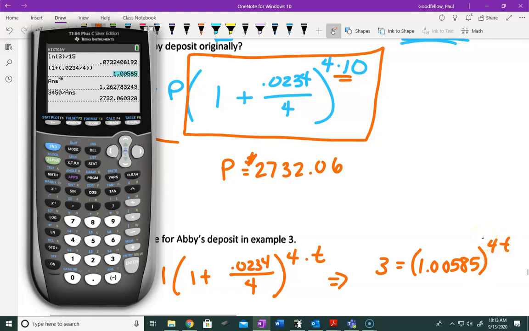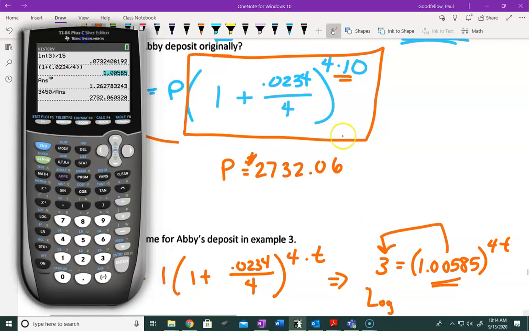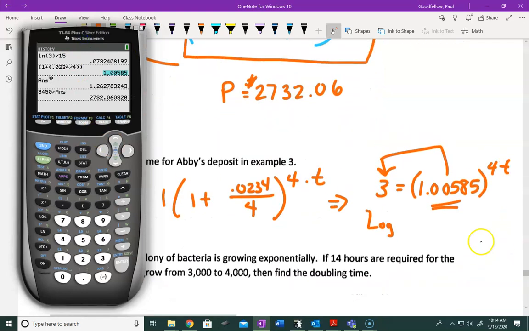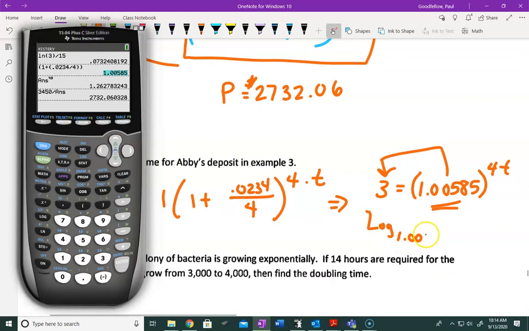Now, the only way to really solve this is to use a logarithm. So we've got log base, hold on, I got to move this down just a little bit so you can see it. Log base 1.00585 of 3 is equal to 4t.